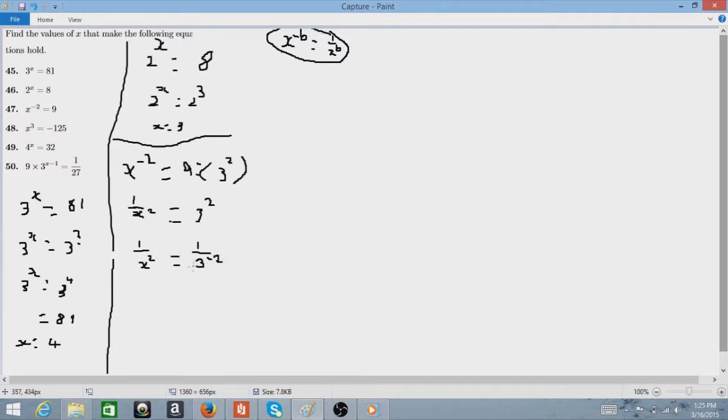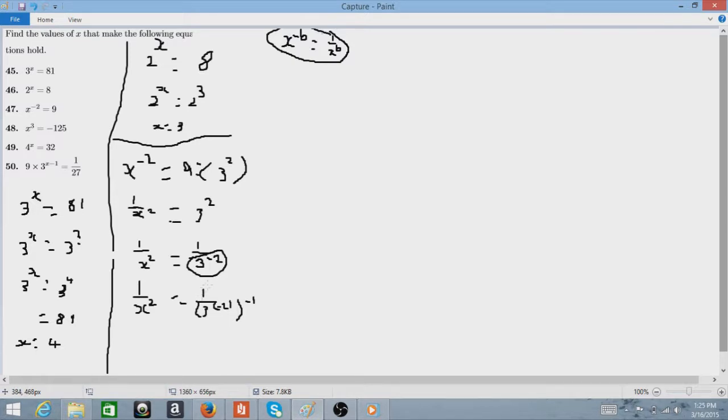So what we need to do now to make this a positive 2 is to raise this expression to the power of minus 1. So we have 1 over x squared is equal to 1 over 3 to the power of minus 2, all of this raised to the power of minus 1. But whatever we do on the denominator, we must do on the numerator.